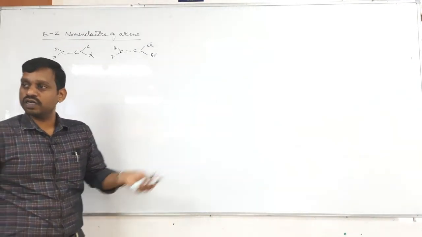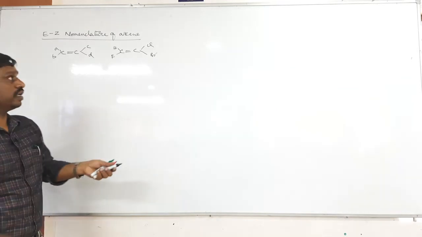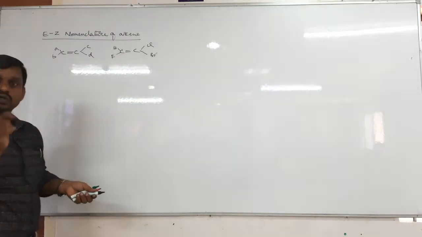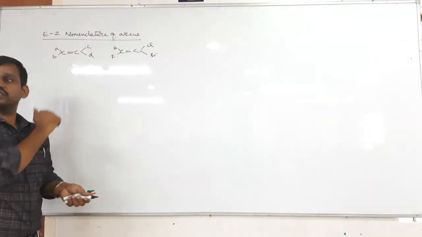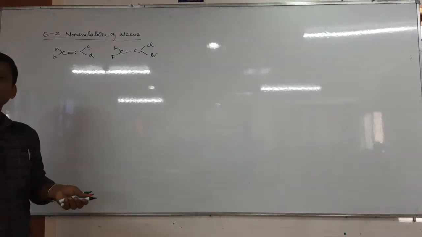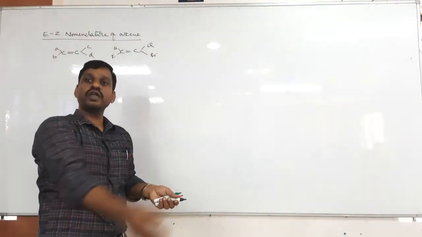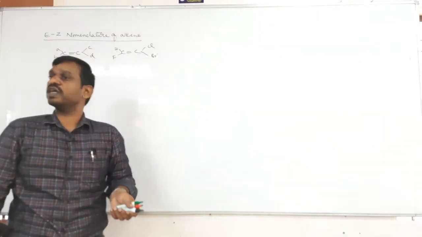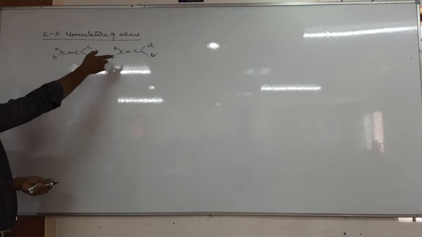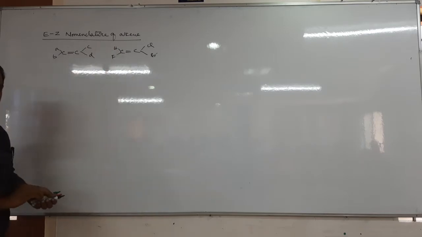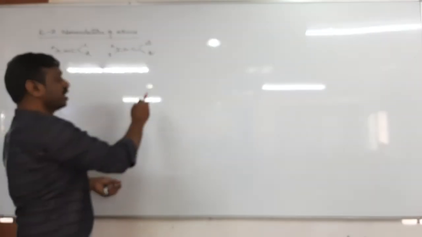A carbon carbon double bond is there, and each double bonded carbon is attached to two different groups: hydrogen, fluorine, chlorine, bromine. Two conditions are satisfied, so it must exhibit geometrical isomerism. Even with A, B, C, D, it exhibits geometrical isomerism.